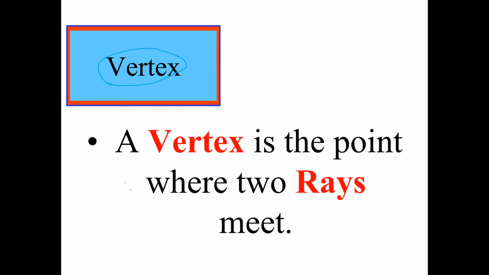One of the most important things about how to deal with angles is the vertex. The vertex is the point where two rays meet. Like this example here, this little point is the vertex, and ray 1 and ray 2 are coming from that. This is forming an angle, and at the center of that angle is the vertex. That's going to be important for naming our angles.